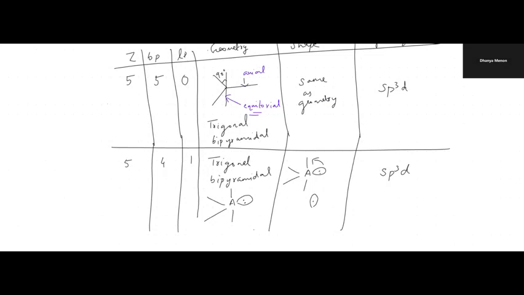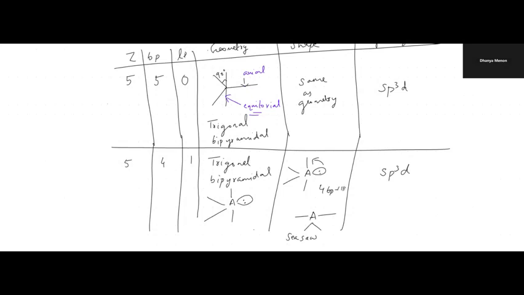And what do I get? Yes, this is what I get. And to determine the shape, I have to ignore the lone pair. So what is the shape that I'm getting? I'm getting a seesaw shape. Okay, this is for 4 bond pairs and 1 lone pair.